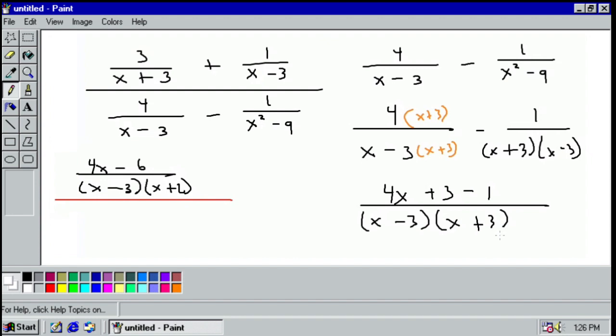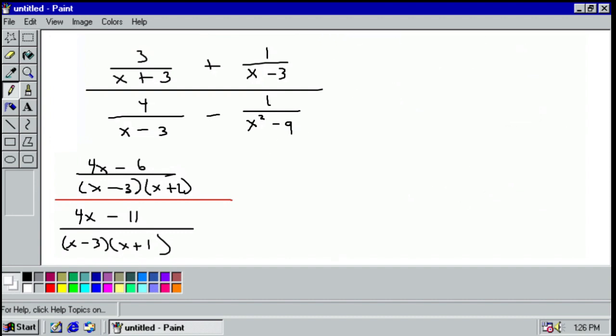Oh, I forgot, I'm wrong. Since we distributed this, 4 times positive 3 should be positive 12. Now add like terms, so I have 4x minus 11 over x minus 3, x plus 1. Okay.